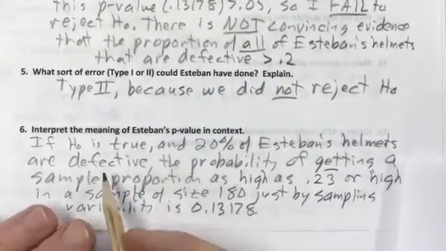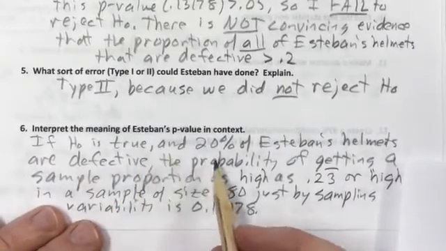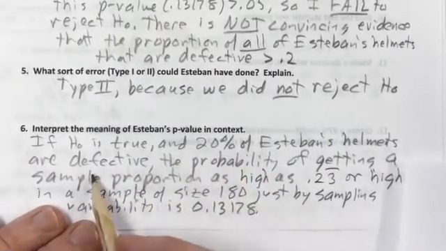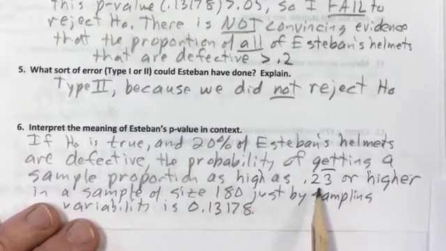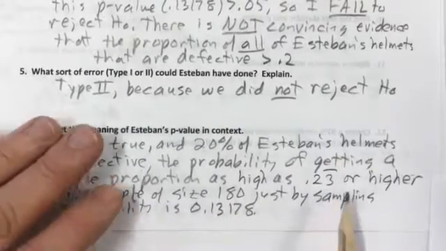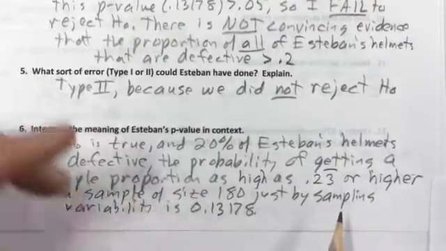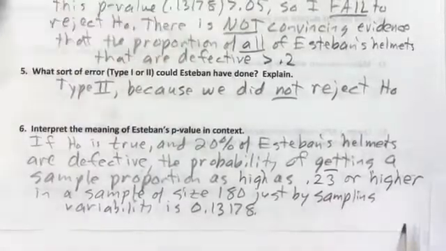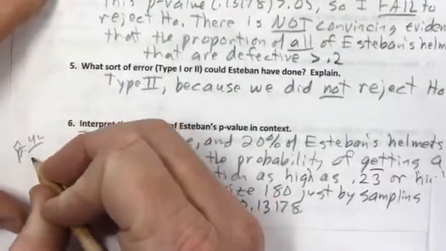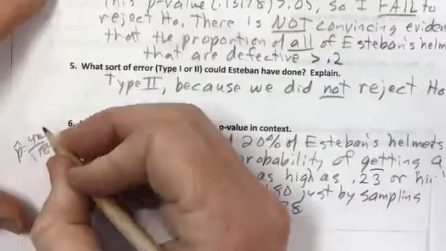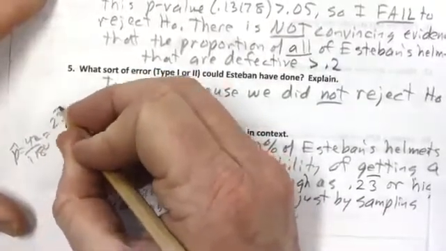And that is this: if the null is true, and in fact, 20% of Esteban's helmets are defective, the probability of getting a sample proportion as high as 0.23 repeating, and that's what 42 out of 180 is. So our p hat here is equal to 42 out of 180, and that's 0.23 repeating.